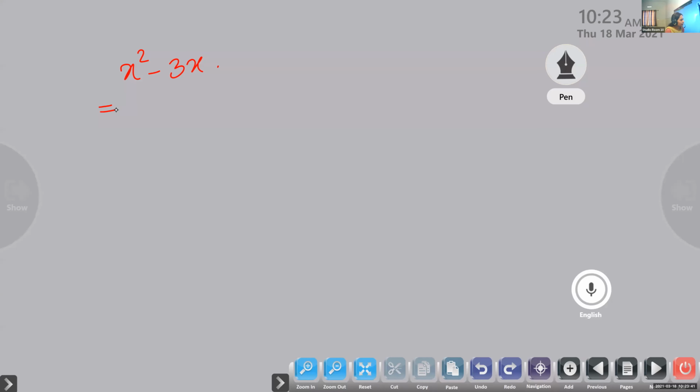X. If you take x outside, what is left? From x square, taking x outside, we get x, and from 3x, we get 3. X minus 3.